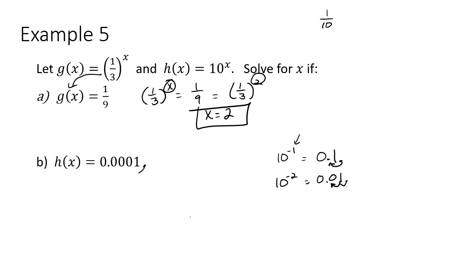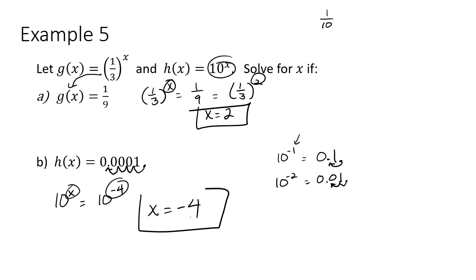So in this case, this would be 1, 2, 3, 4 places to the left of the 1. So h of x, which is 10 to the x, would have to be equal to 10 to the negative fourth power. Or in other words, x would be equal to negative 4.